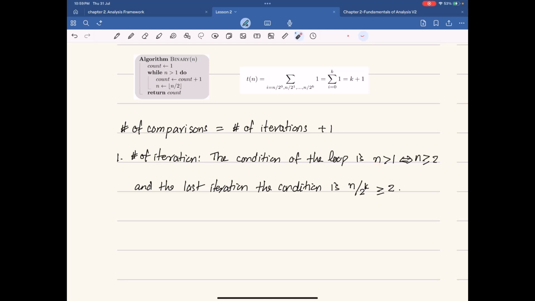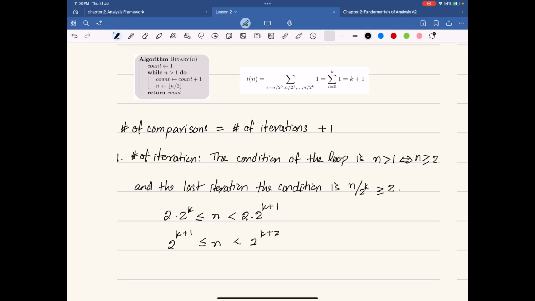The last value is n over 2 to the power of k, and this is tested against the value of 2. By rearranging the formula, 2 multiplied by 2 to the power of k is less than or equal to n, and for the next value of k, it is less than 2 multiplied by 2 to the power of k plus 1. On the left-hand side, we have 2 to the power of k plus 1 less than or equal to n, less than 2 to the power of k plus 2.